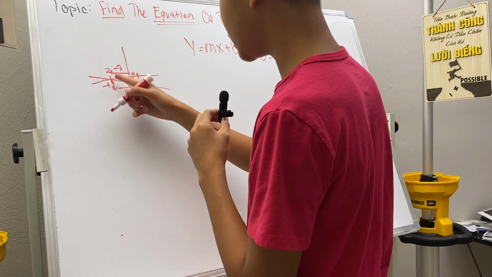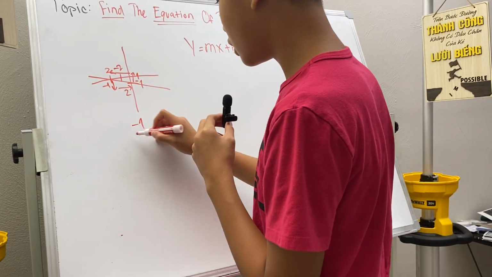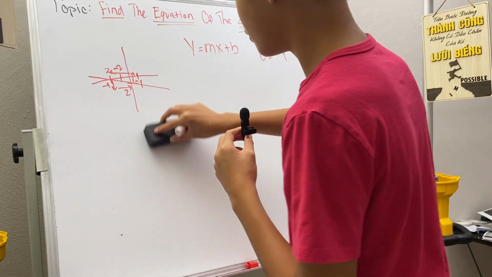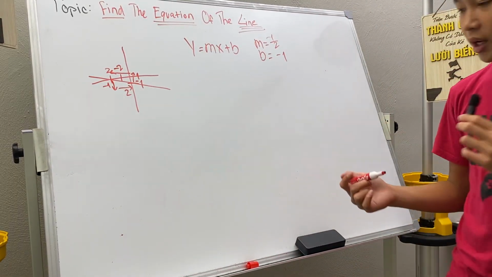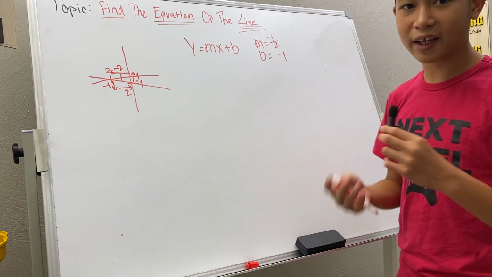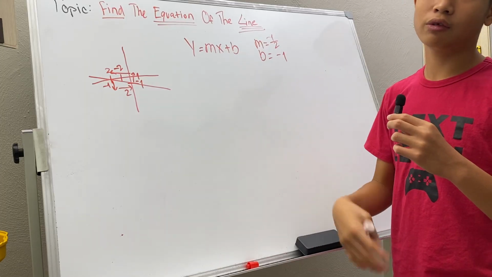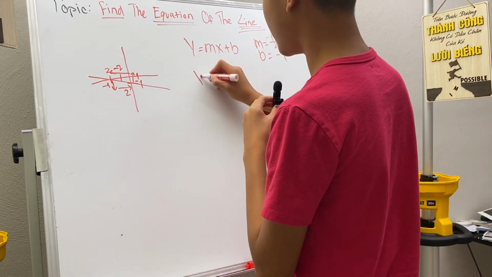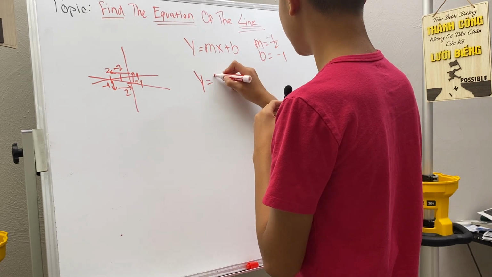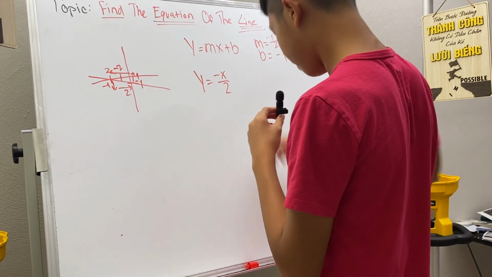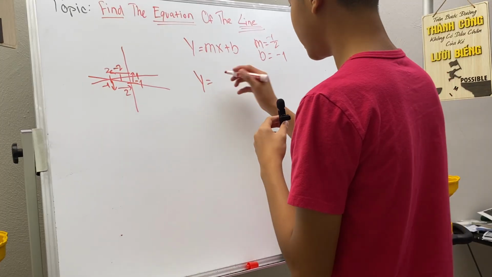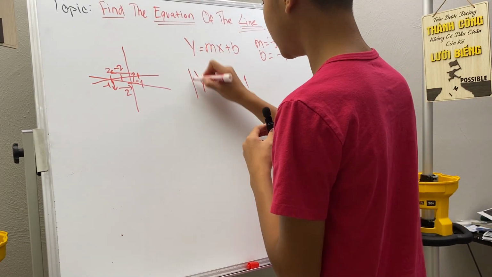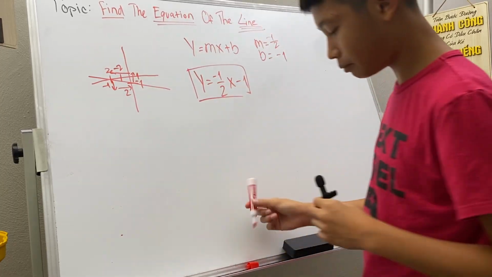So this is rise, but we're going down, so -1, then run 2. It's still the same thing. We just switch the order because it doesn't really matter: 1 over -2 is -0.5, and -1 over 2 is -0.5. So we write y = -1/2 x - 1. That is it.